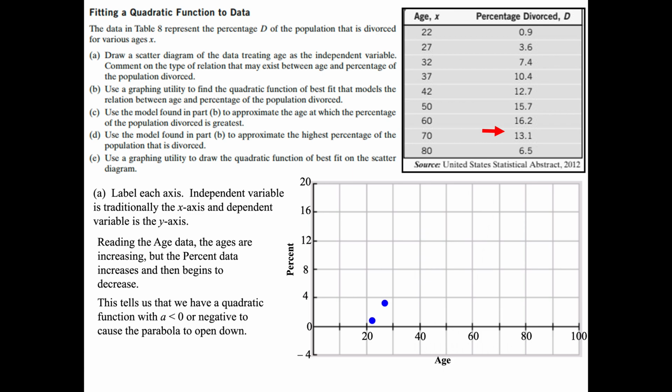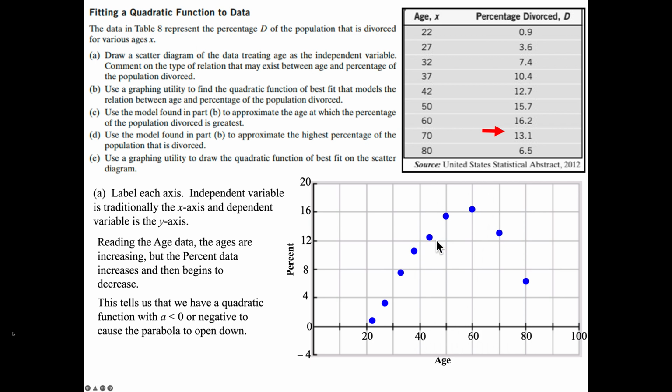So start to plot my points. 22 and 0.9, 27 and 3.6, 32 and 7.4, 42 and 12.7, 50 and 15.7, 60 and 16.2, 70 and 13.1, 80 and 6.5.